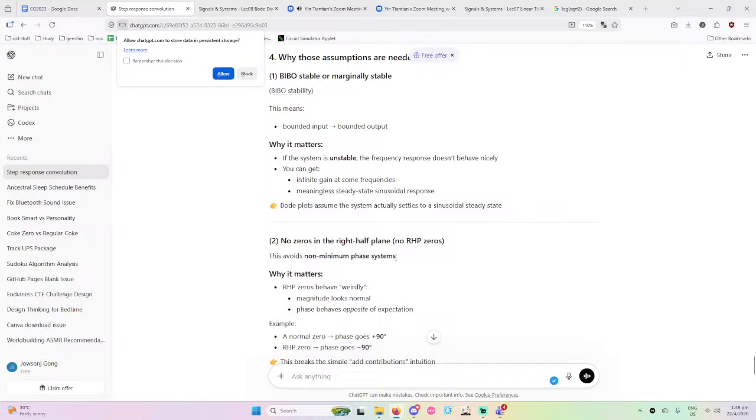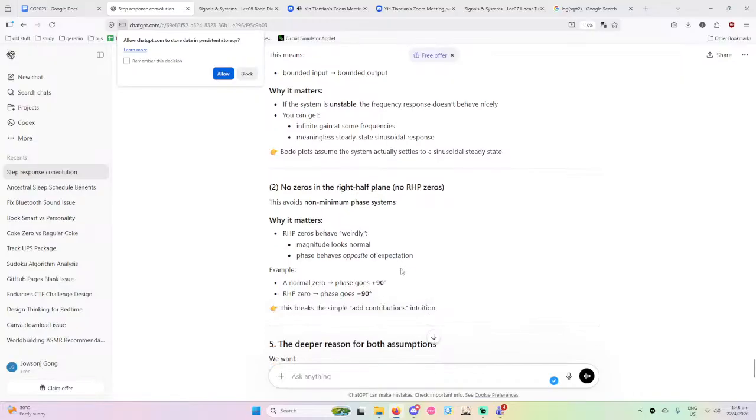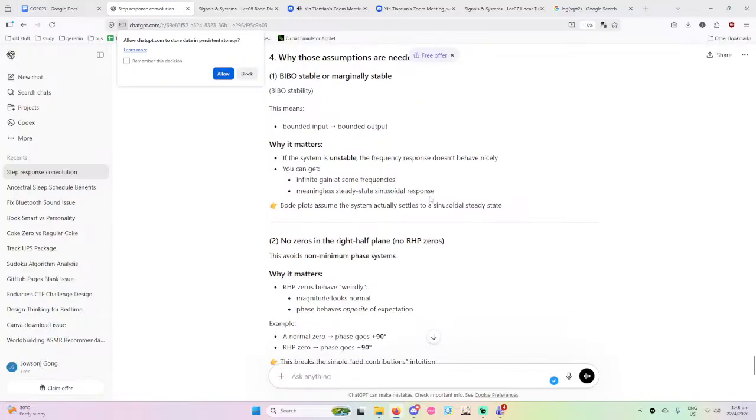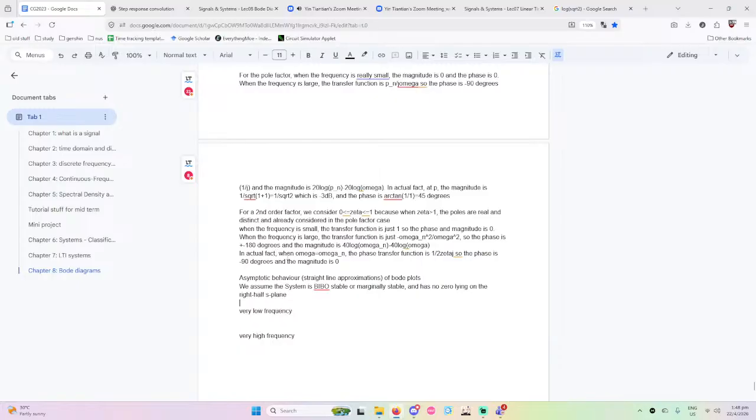And the fourth case is S over Zm plus 1, which is J omega divided by Zm plus 1 in the frequency response. And the fifth case will be 1 divided by S over Pn plus 1, which is 1 divided by J omega over Pn plus 1 in the frequency response.